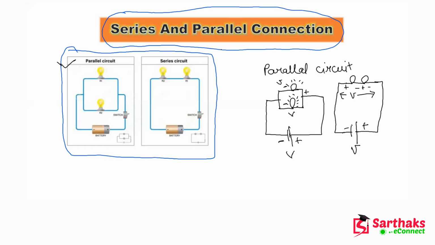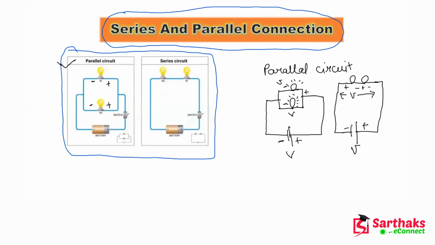In this picture, the same thing is shown: this is negative, this is also negative, this is also negative. This is positive, this is positive, and these two positives are connected to the positive of the battery.